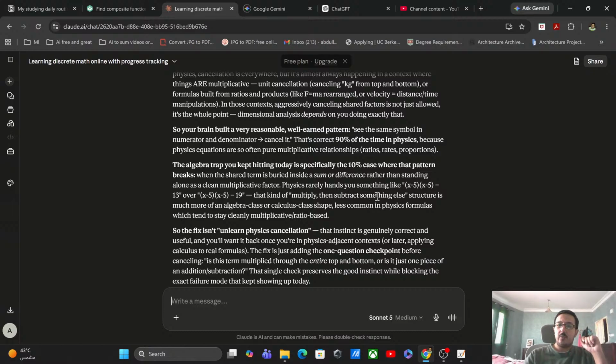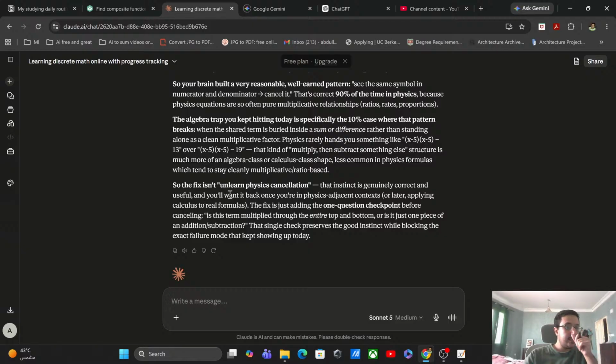Physics rarely hands you something like that, multiply over, then subtract something else. That structure is much more of an algebra class or calculus class shape, less common in physics formulas, which tend to stay cleanly multiplicative and ratio based. So the fix isn't to unlearn physics cancelling. That instinct is generally correct and useful, and you'll want it back once you're in physics-adjacent contexts or later applying calculus to real formulas.